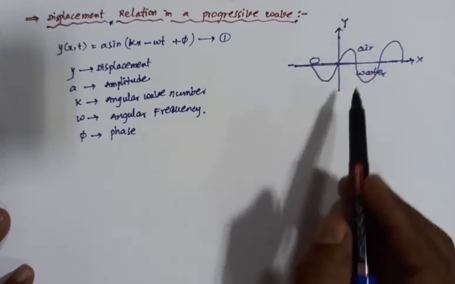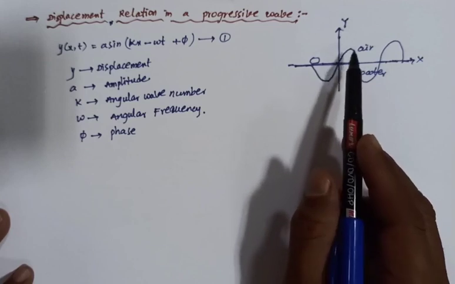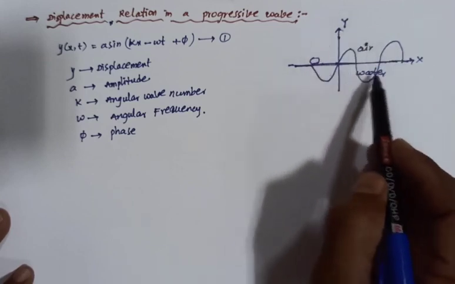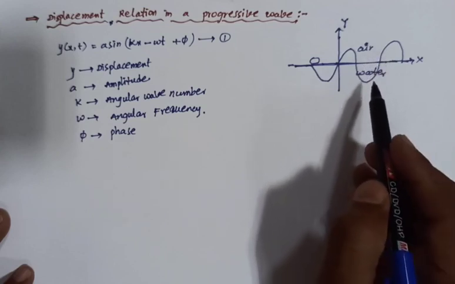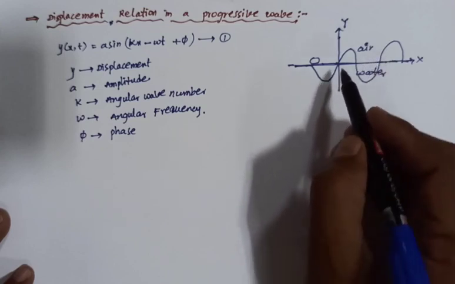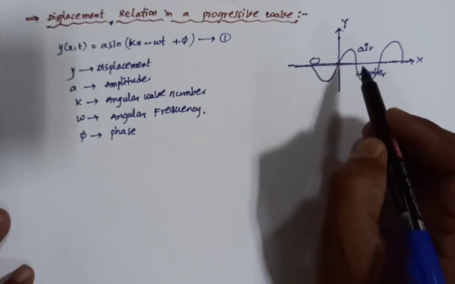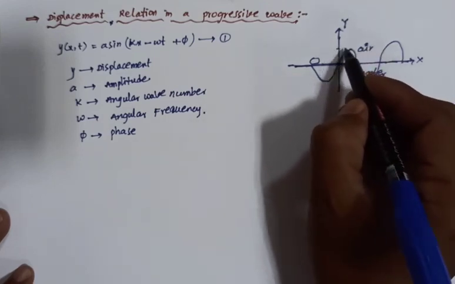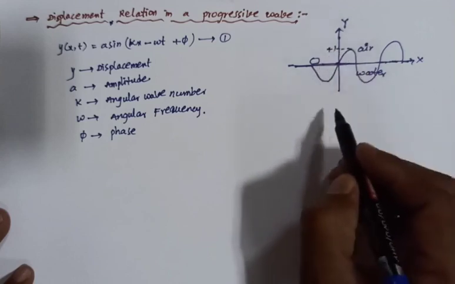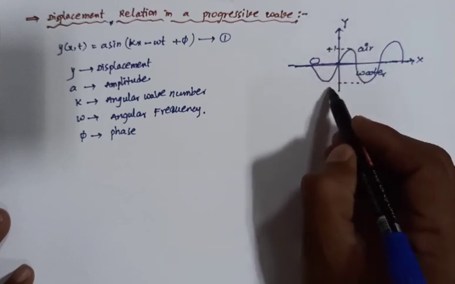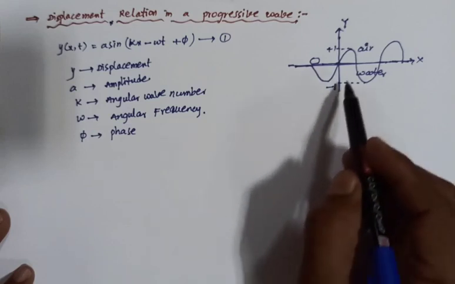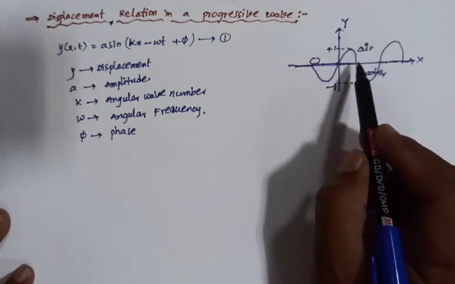Ripples in water are a two-dimensional wave. Already we have discussed this. Here it is the origin point, and the displacement is positive 1 at maximum and negative 1 at minimum, so it is like a sine function.